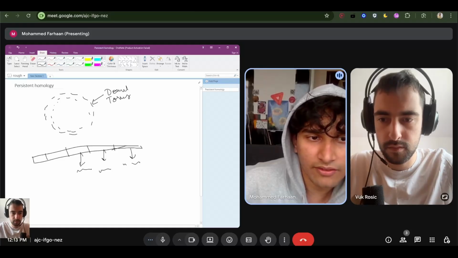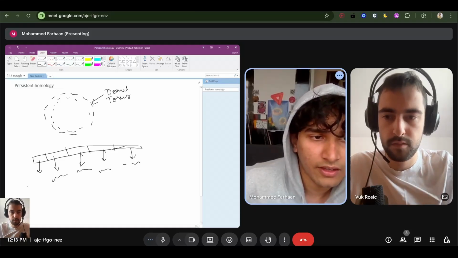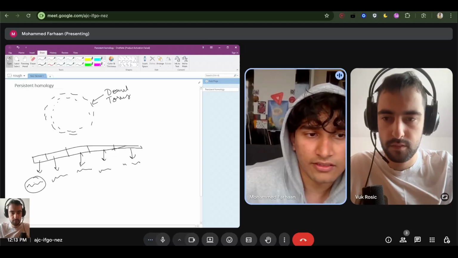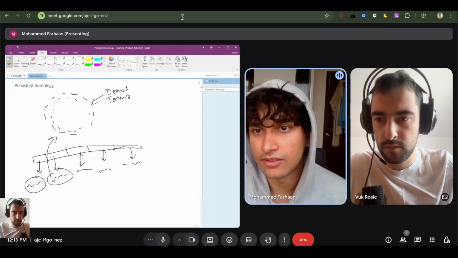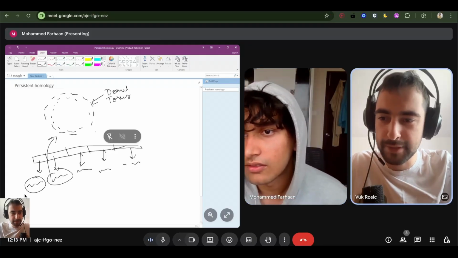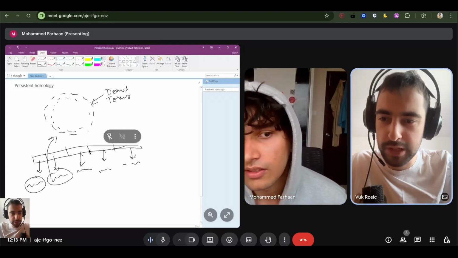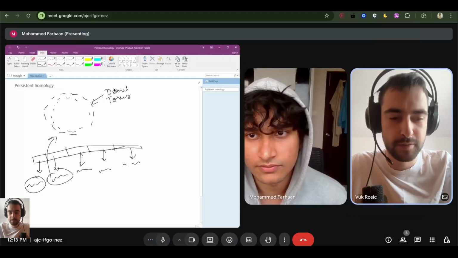This is some number. These don't have an obvious spatial structure. So we have to somehow find a way to translate this into this kind of structure before we apply persistent homology. We have some tokens here, and we want to somehow transform them into this donut. But what do you mean by donut structure here?